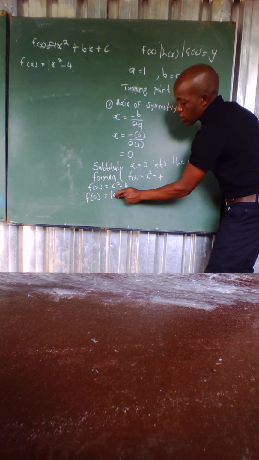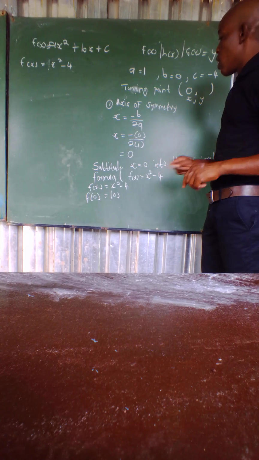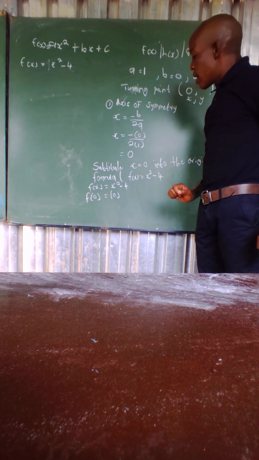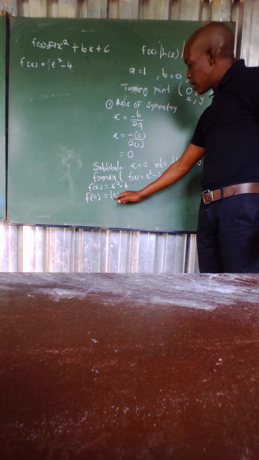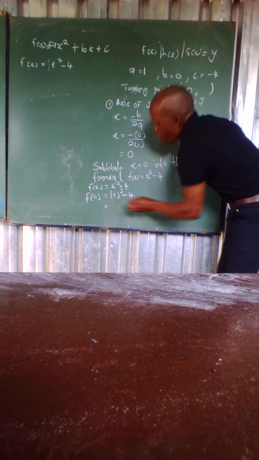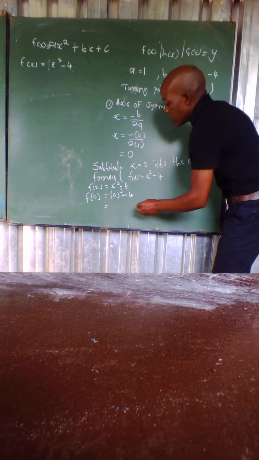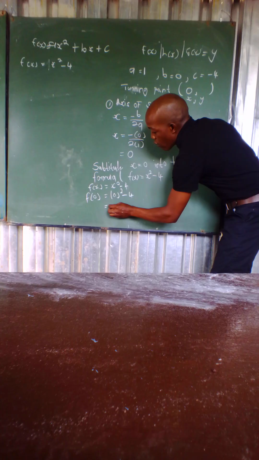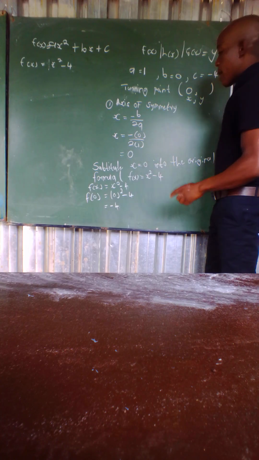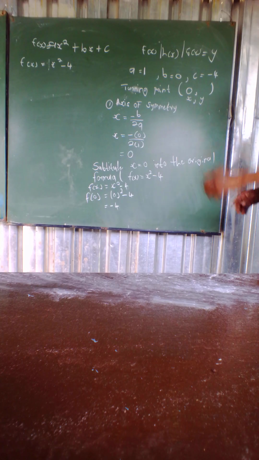When you see x, you put 0, so we are replacing the x variable by 0. Then we square, then we minus 4. Since 0 squared gives us 0, this is exactly where we find the value of negative 4 being the y-coordinate of the turning point.